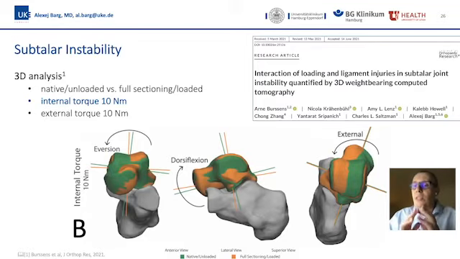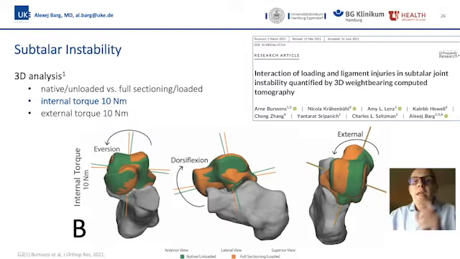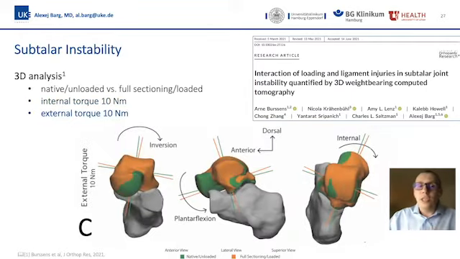For example, when you stand on one leg and you turn your body around, this is already more than 10 Newton meters. And here you can see there is already more orange color, and it changed quite dramatically when you do the external torque, you can see almost the entire joint shows orange.